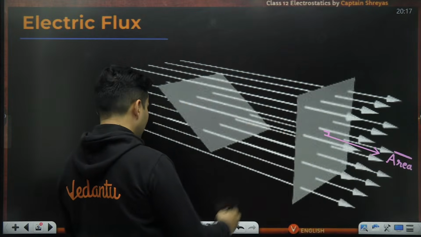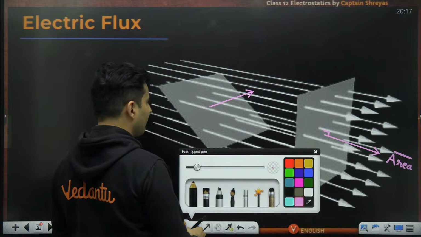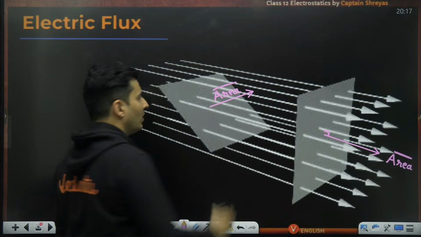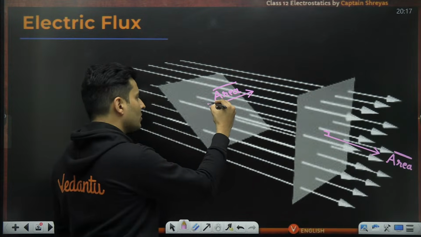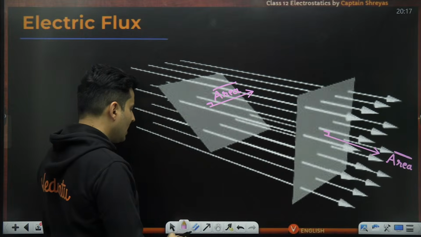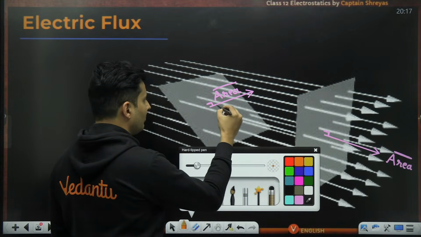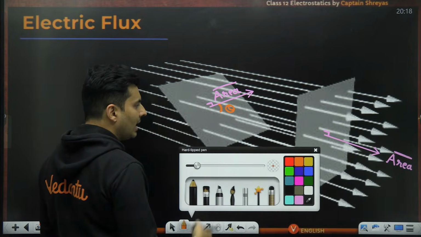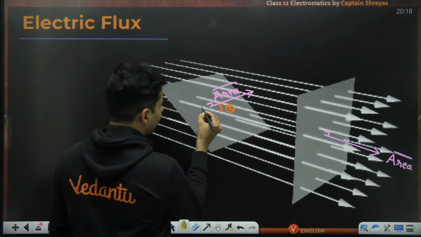Same way, if I tilt it, you can see that the area vector will make some angle with the electric field lines. So now my area vector is tilted somewhat like this. It is always going to be perpendicular to the surface. And now it has started to make an angle theta with the electric field.